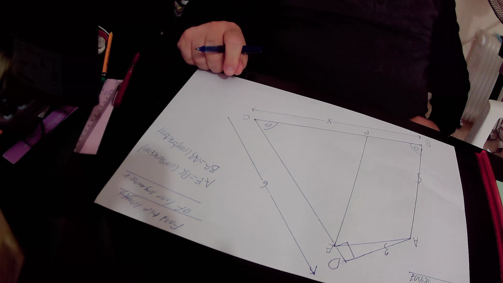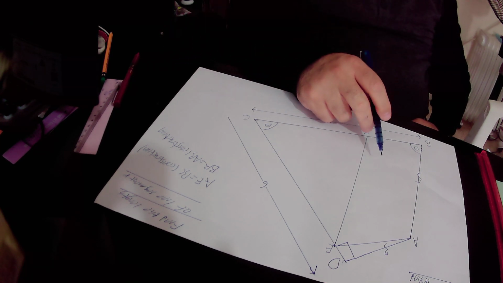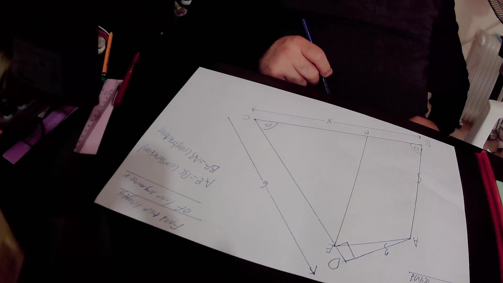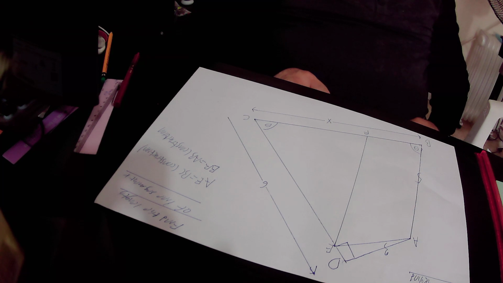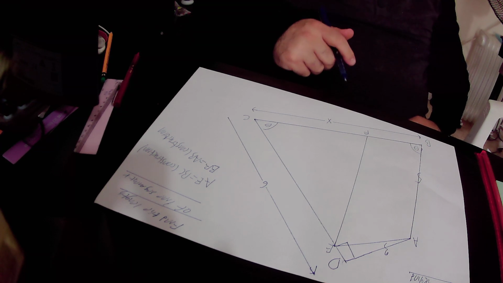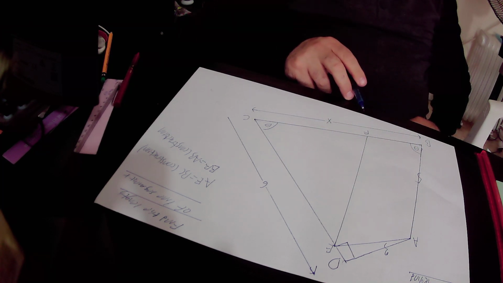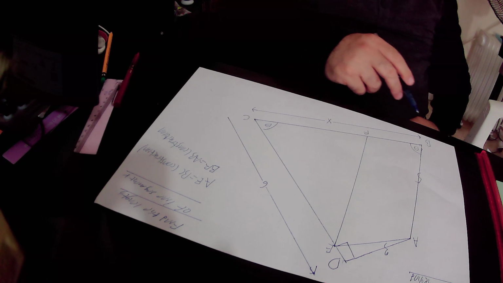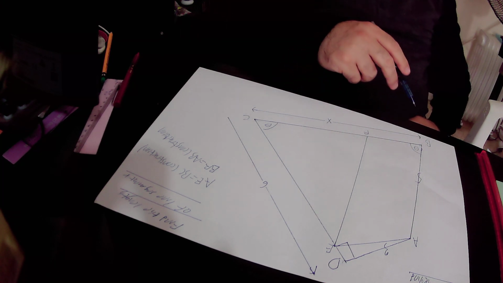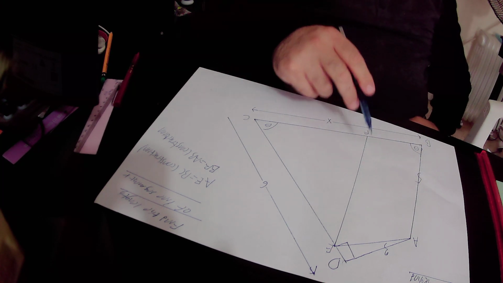Actually, quadrilateral AEBF is a parallelogram because it has two couples of sides that are parallel to each other. The first couple of sides that are parallel is AE is parallel to BF, and the second couple is AB is parallel to EF.